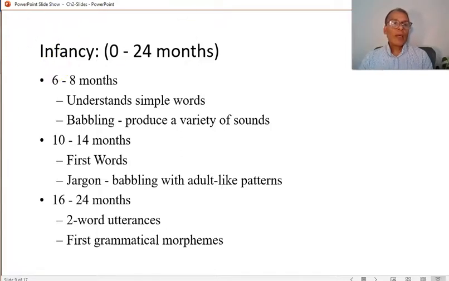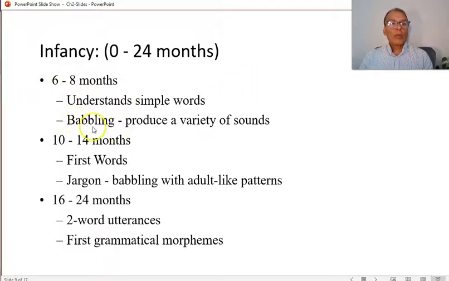Then at 3 to 4 months, the baby babbles, makes ma, da, ga, ga, making different consonant sounds combined with vowel sounds. And that babbling becomes more diversified. It becomes more intentional and more varied between 6 and 8 months.